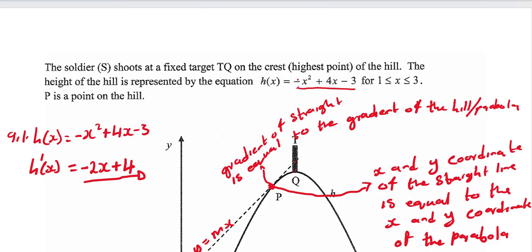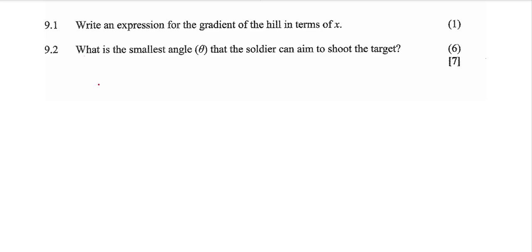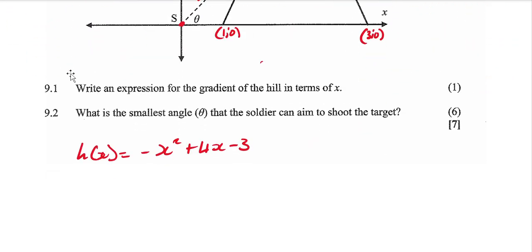H of x equals minus x squared plus 4x minus 3. And then our other equation, of the straight line, says what?